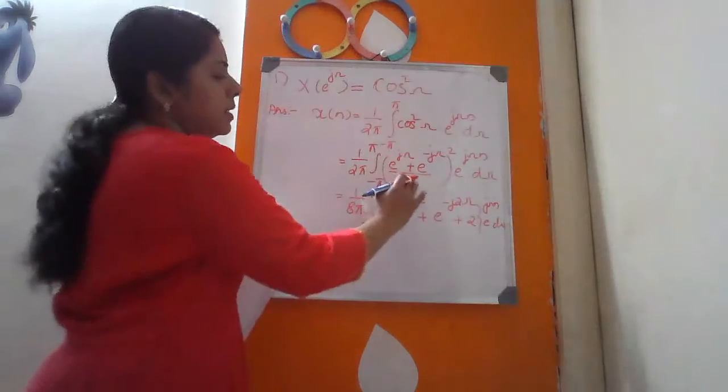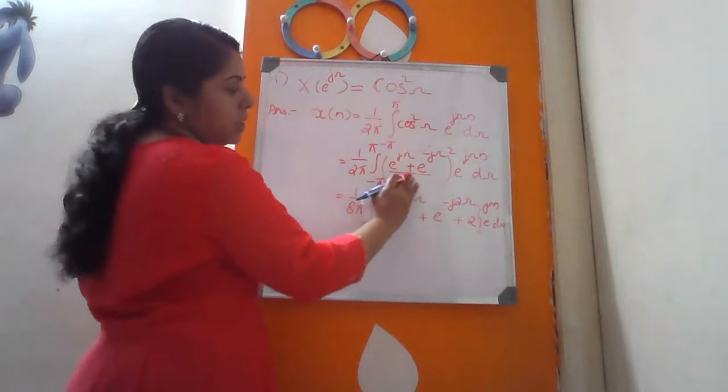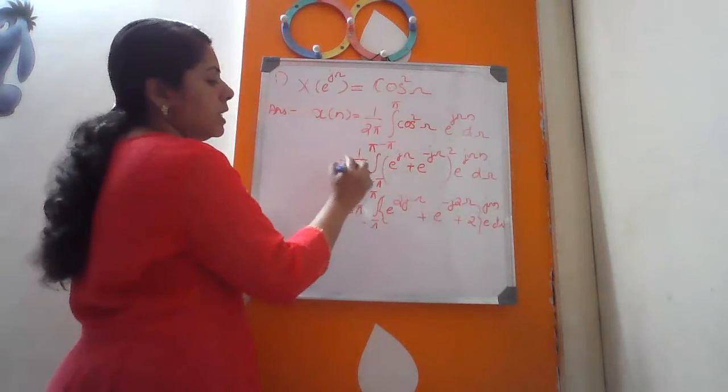I take this 2 outside, so this becomes 8 pi.